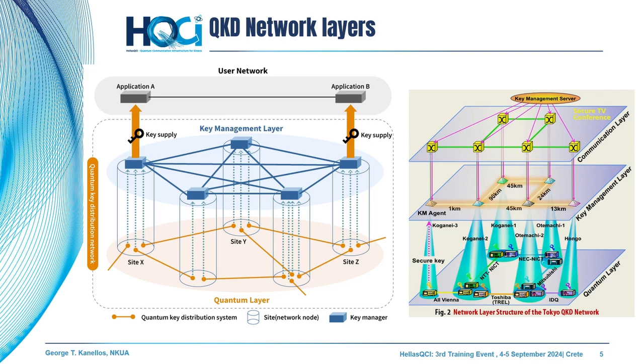Now, this has started already with an example on the right side of my slide, which is the Tokyo network back in 2011, where they designed and implemented a physical implementation around Tokyo with 6 nodes and implementing a KMS layer.